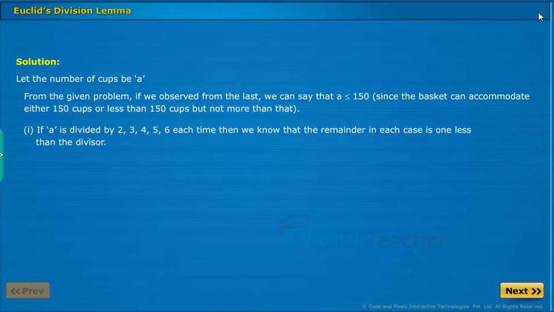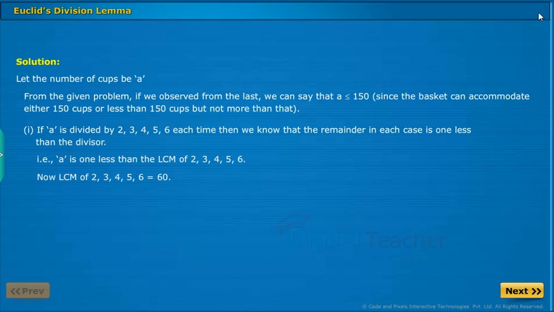If A is divided by 2, 3, 4, 5, 6 each time, then the remainder in each case is 1 less than the divisor. That is, A is 1 less than the LCM of 2, 3, 4, 5, 6.